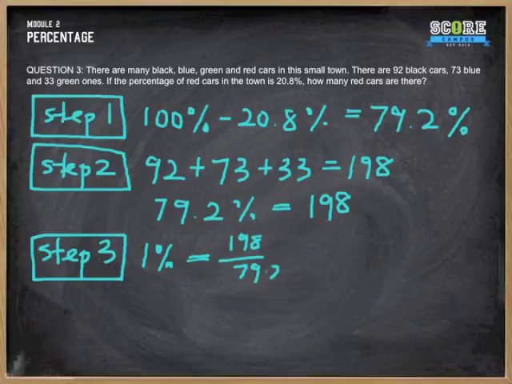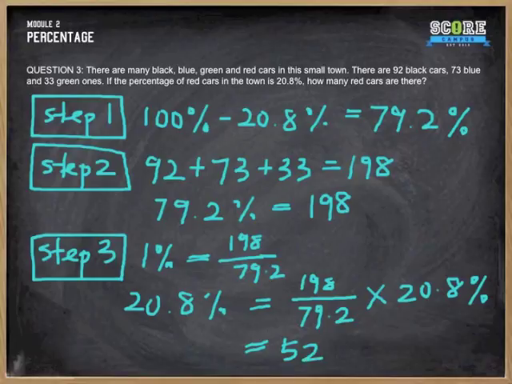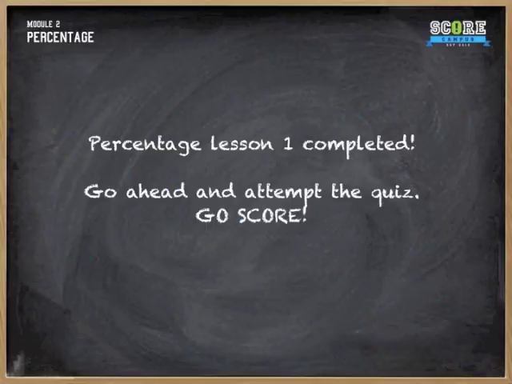If 1% equals to this, therefore 20.8% would be equal to 198 over 79.2 multiplied by 20.8. When you do the mathematics on your little calculator, you will get that the final answer is 52 red cars. 52 red cars. That is your final answer.